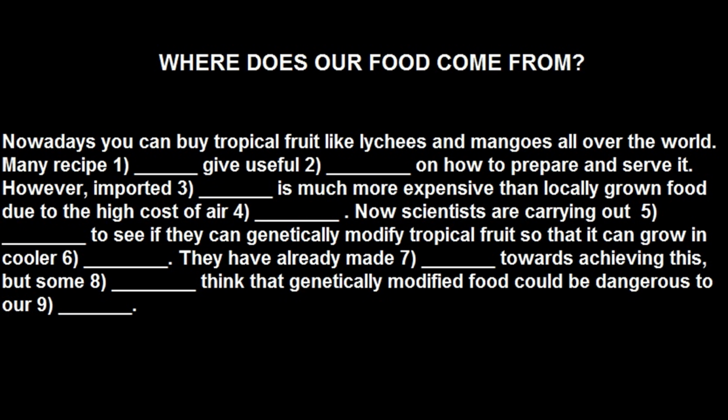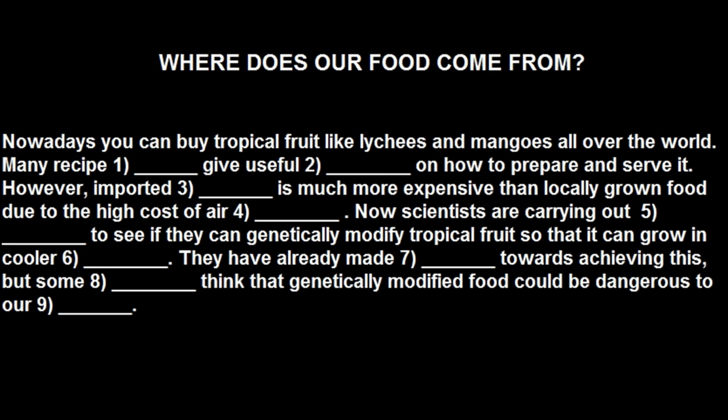Now scientists are carrying out to see if they can genetically modify tropical fruit so that it can grow in cooler. They have already made towards achieving this, but some think that genetically modified food could be dangerous to our.